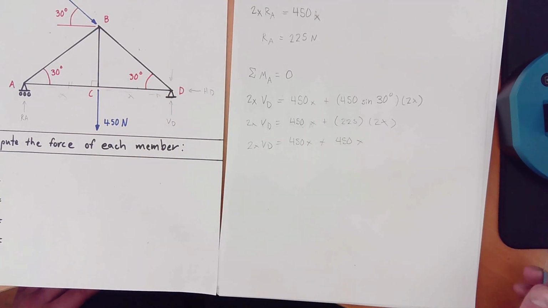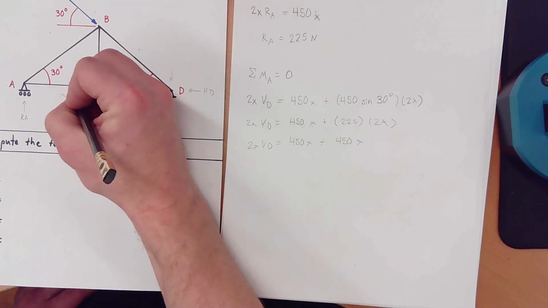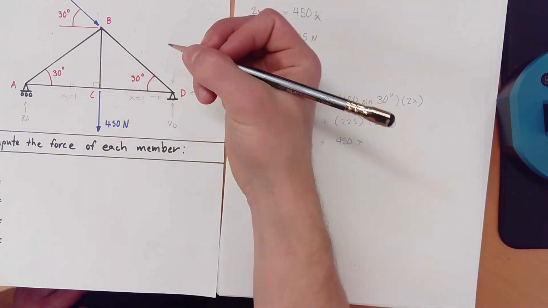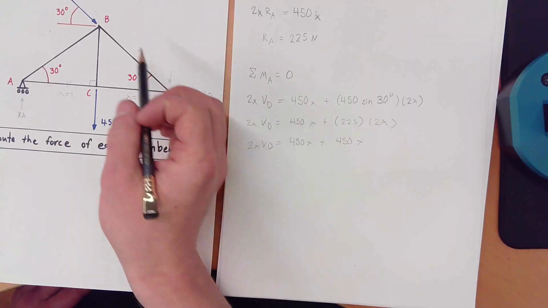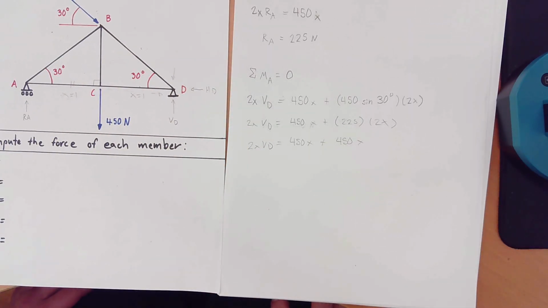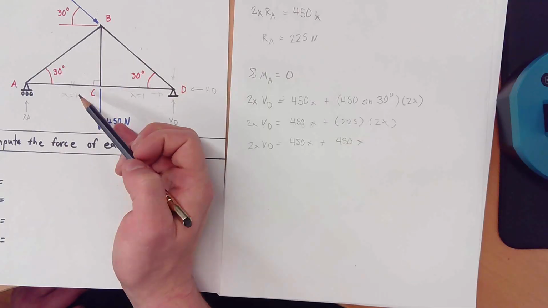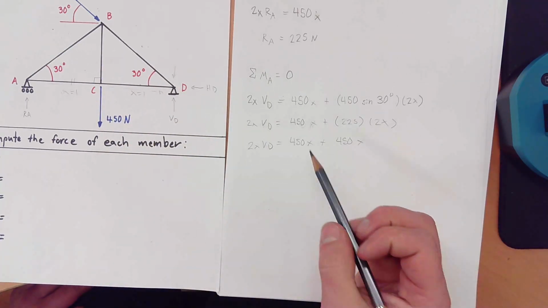For the sake of argument, we're going to say x is equal to 1, because we don't have any distances on any of the lengths. It doesn't really matter what value you put in there, it will all work out the same because it's a ratio. Anytime you see x, it will be equal to 1.